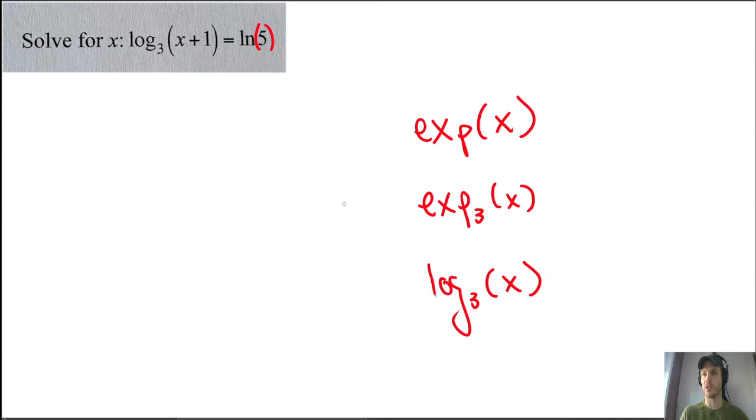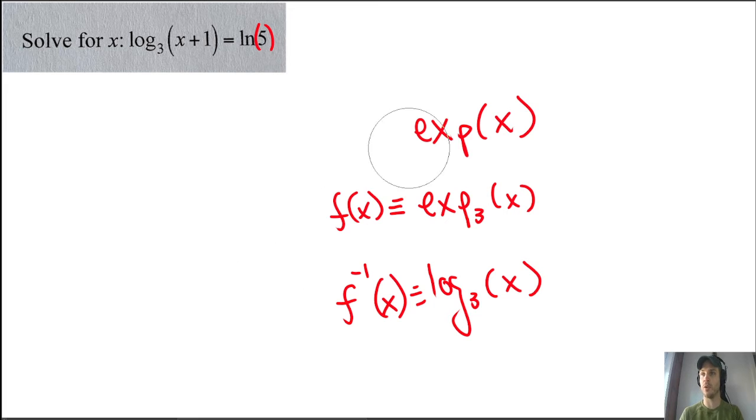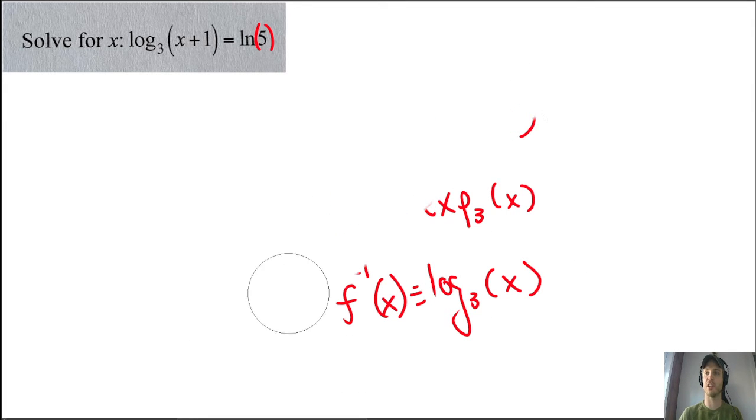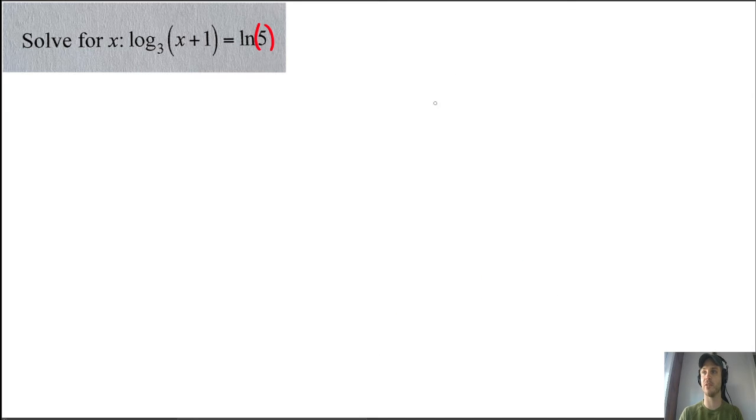Okay? So let's say if this is f of x, we'll define that to be f of x with our triple equals there, then this would be f inverse of x. And vice versa. They're inverses of each other. So it's much clearer in this situation here. And let's remember the essential property of inverse functions.